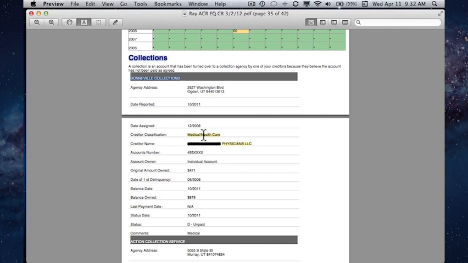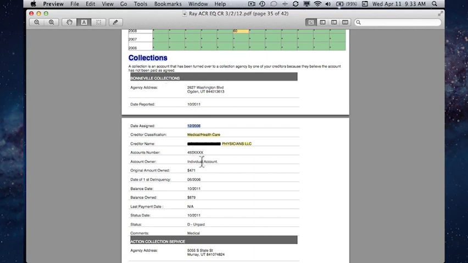Here, this is 7 years from the date that it was assigned. So for CreditSense clients, that's the 7 years that you start calculating when this item would be deleted without any intervention by you doing credit restoration activities.